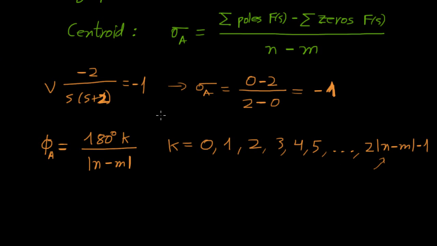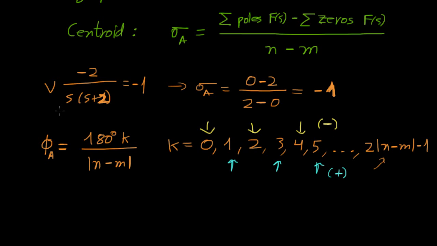You'll get that as you do exercises. In this case, 0 and 2 and all the even numbers give the asymptotes for the negative root locus, and 1, 3, 5 and all the odd natural numbers give the asymptotes for the positive root locus.